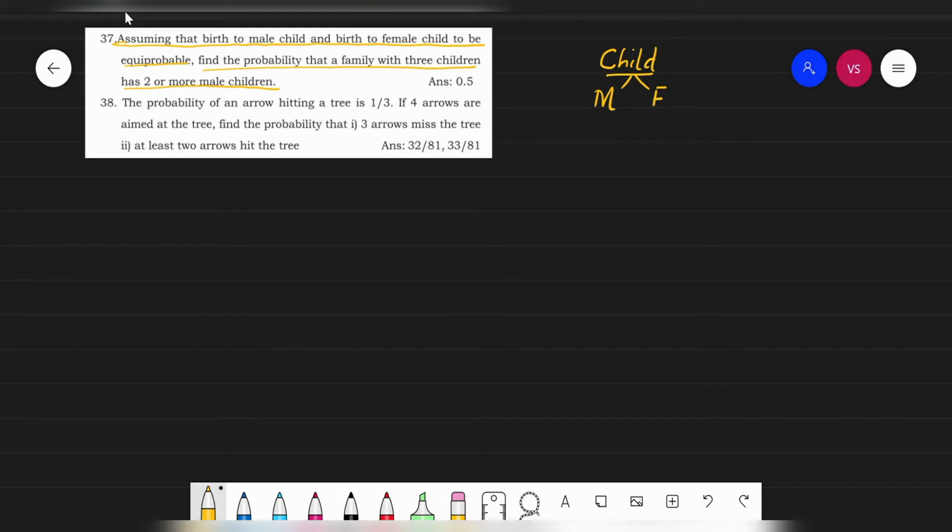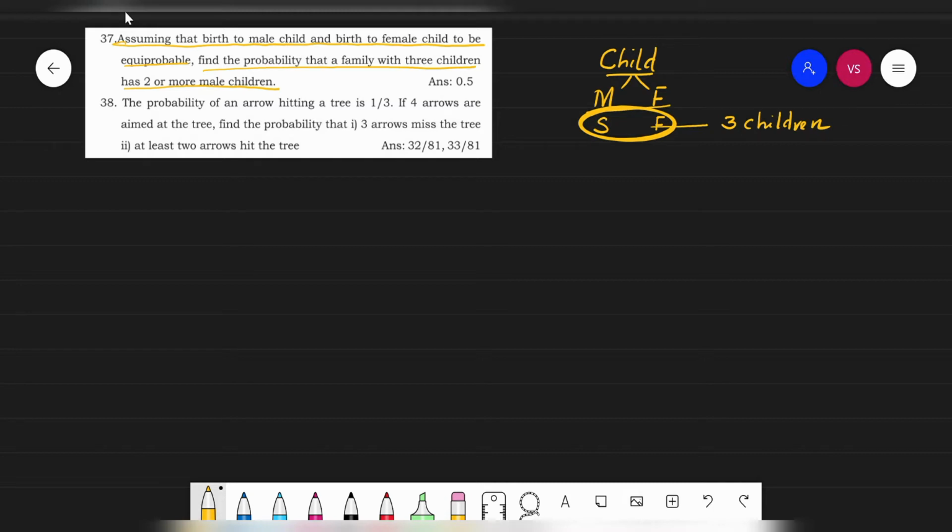If there is a male child, it is a success. If it is a female child, it is a failure. That is what they considered as an experiment. So it is a success or failure kind of experiment, and they are doing it for a family of 3 children. So this is how you can consider this to be a binomial distribution.